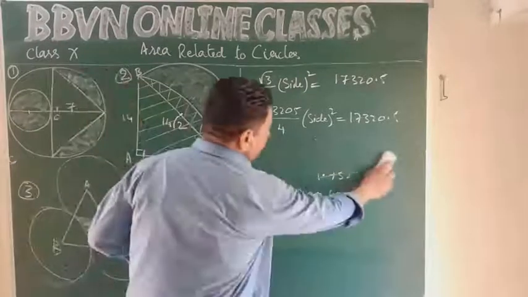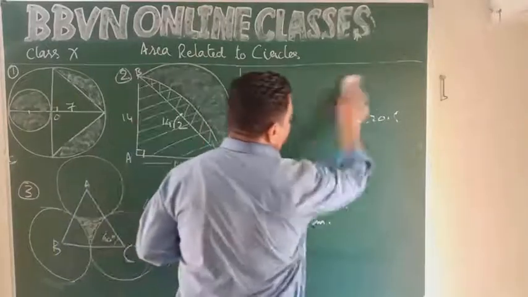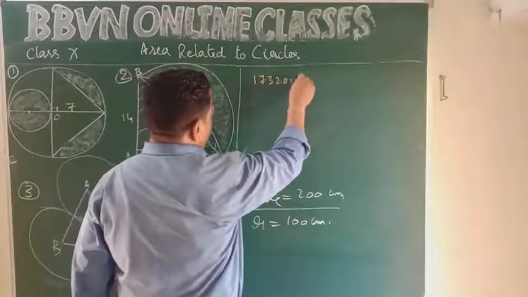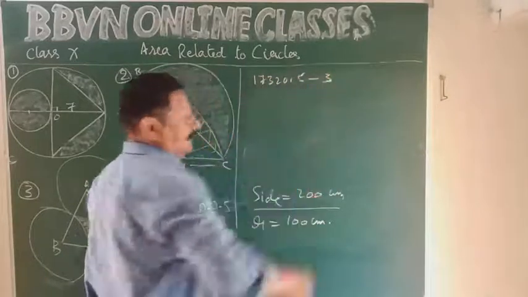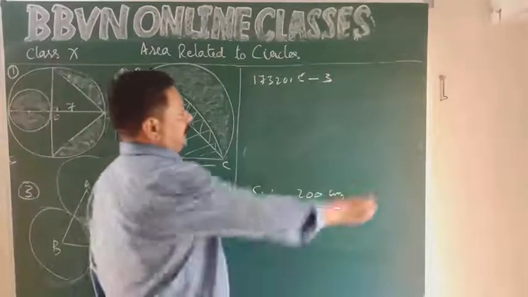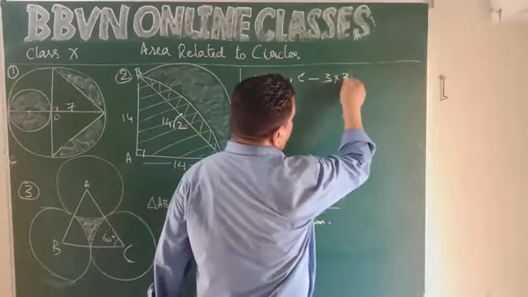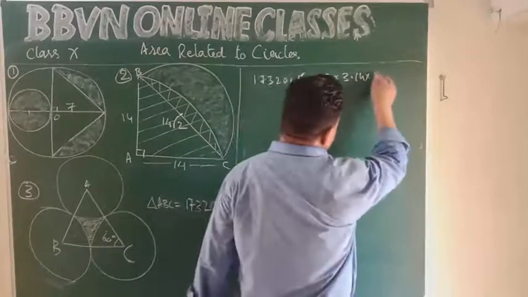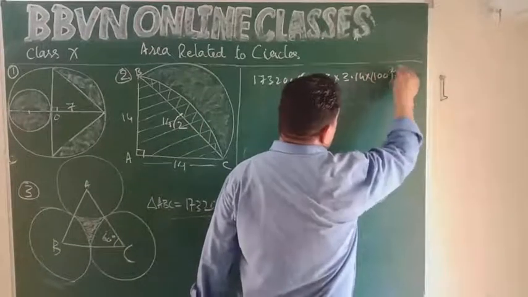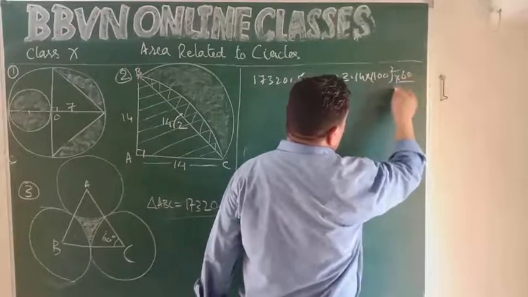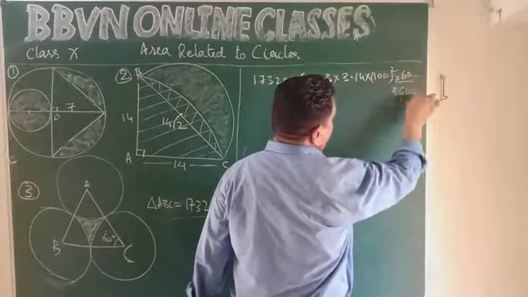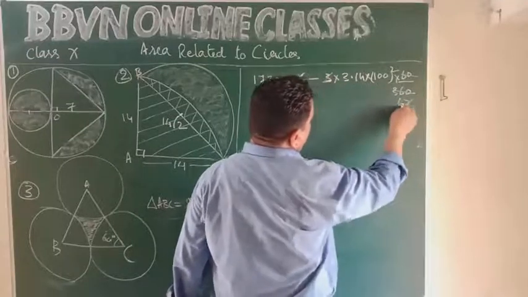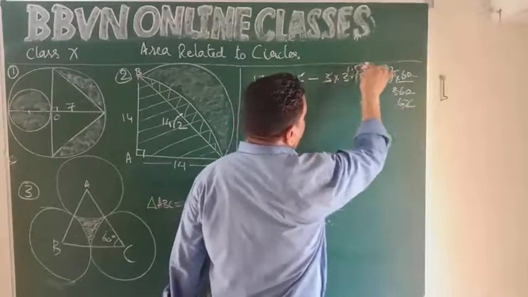So the area of the shaded region is the area of the equilateral triangle, 17320.5, minus 3 times the area of one sector. Area of sector, pi r square theta upon 360. Take pi as 3.14. R square, 100 into 100. Theta 60 upon 360. This goes 6 times. 3 goes 2 times. 2 goes 1.57 times.